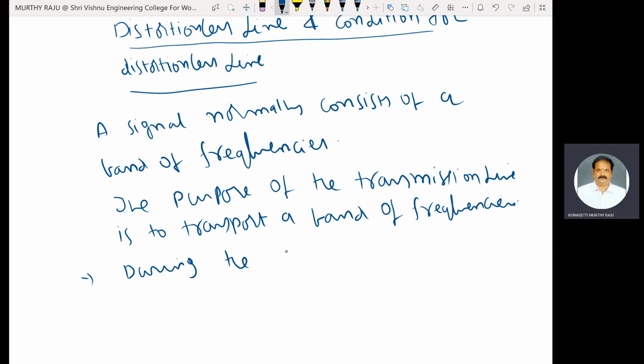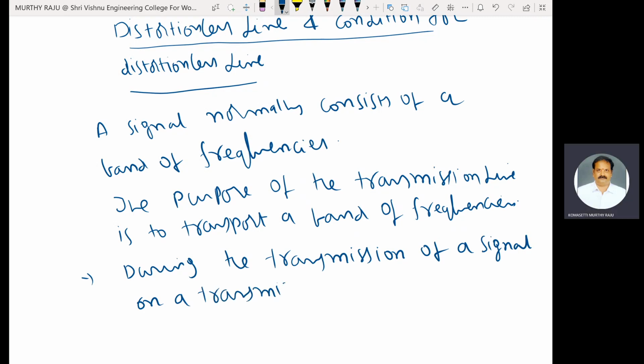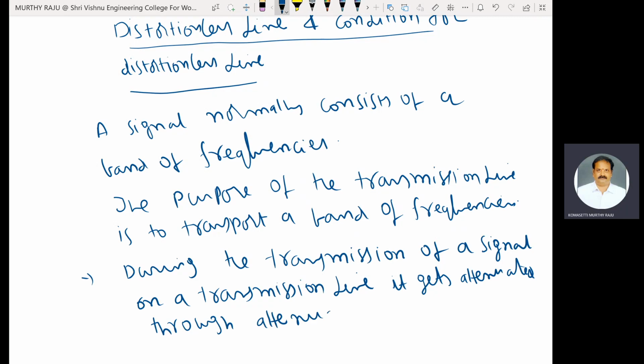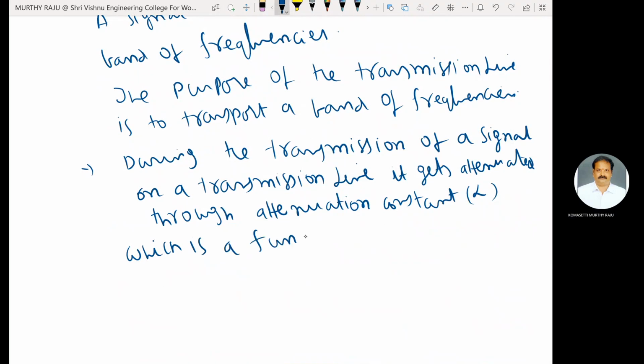During the transmission of a signal on a transmission line, it gets attenuated through attenuation constant alpha, which is a function of frequency.